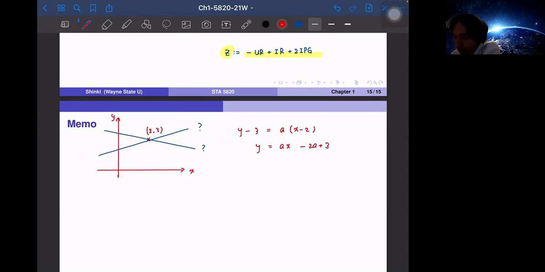But suppose that we have one more restriction, then we can determine the line. So if we have y equal to ax plus b, we want to minimize a squared plus b squared, as well as the error.